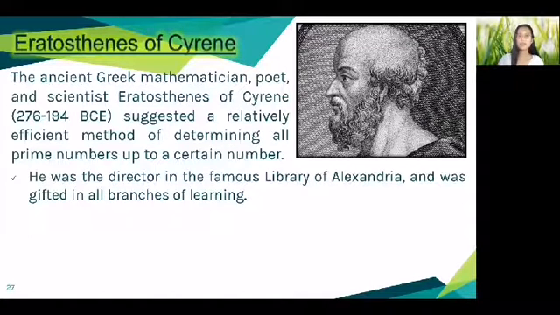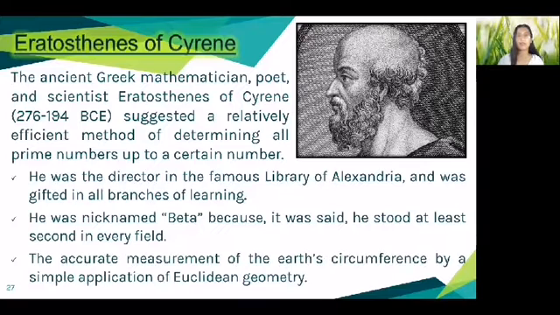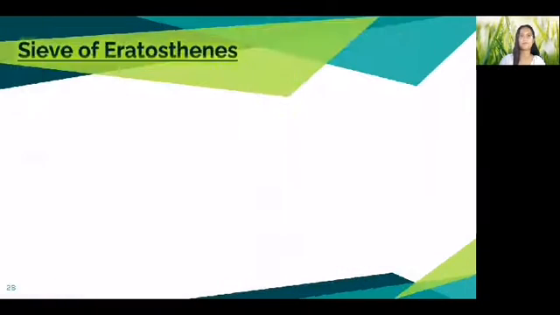He was the director of the famous Library of Alexandria and was gifted in all branches of learning. He was nicknamed Beta because it was said he stood at least second in every field. And the third one, the accurate measurement of the Earth's circumference by a simple application of Euclidean geometry.